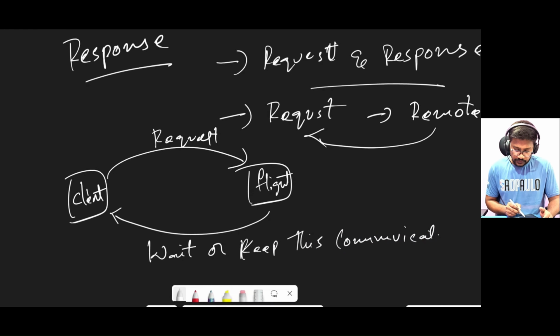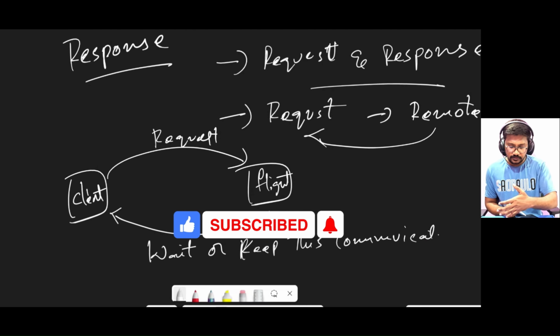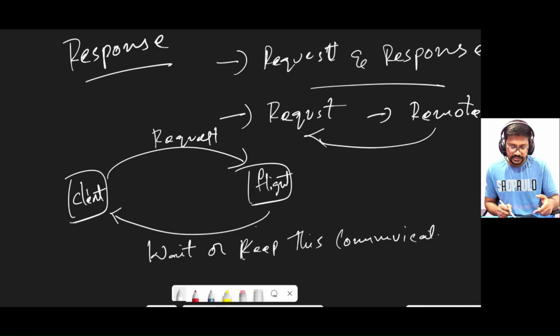Then it will keep this communication open, and client won't send any further request to the remote agent. So this is what server sent events will do. I mean, this is what the server sent events protocol does on behalf of A2A protocol.